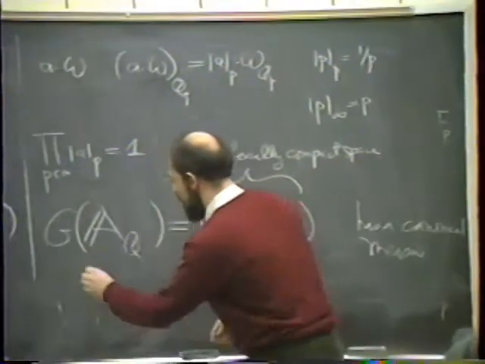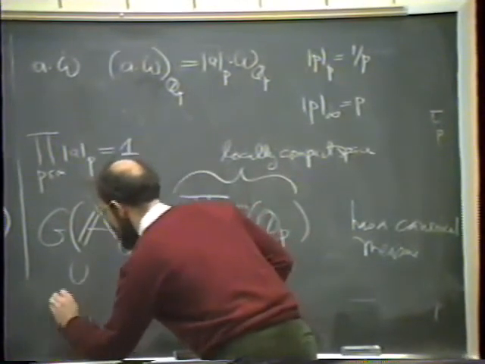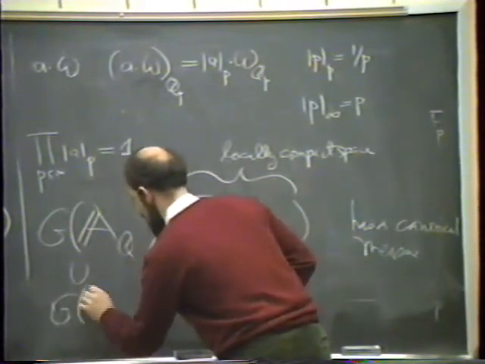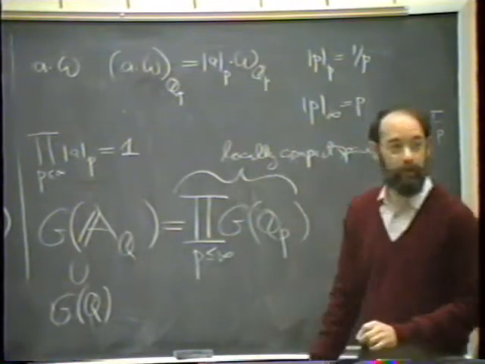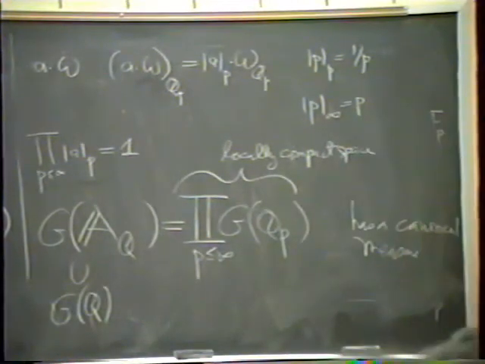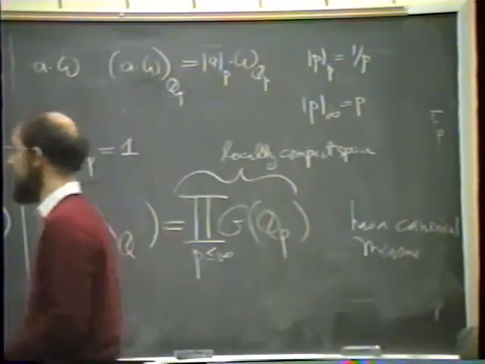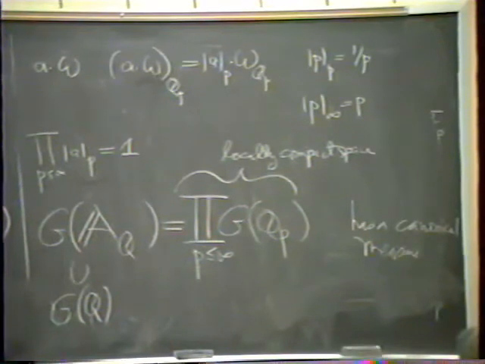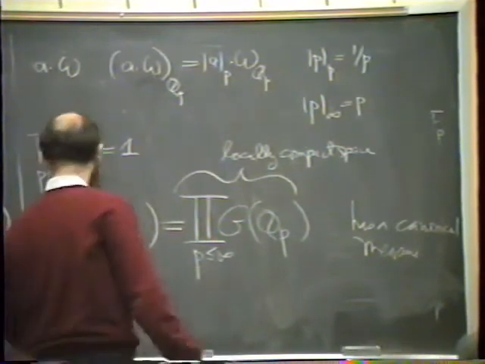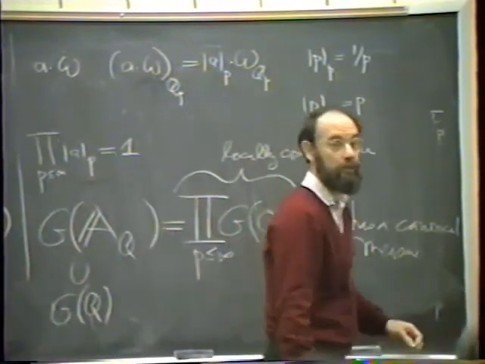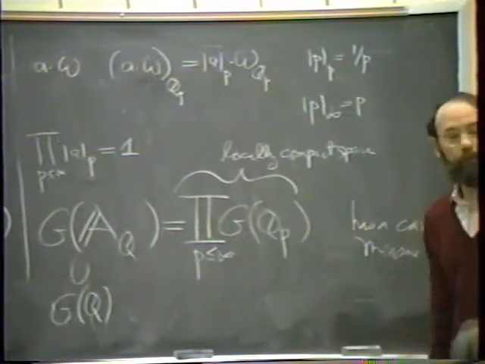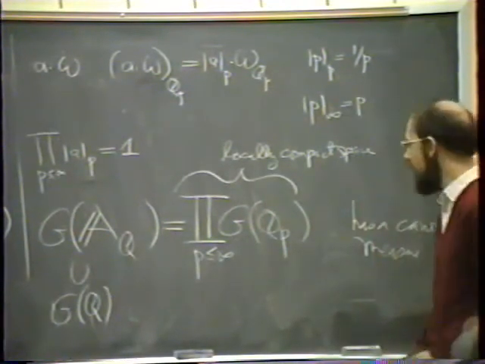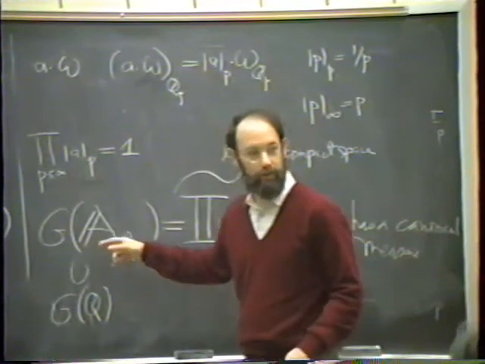Namely, this contains as a discrete subgroup G of Q, just the rational points. You see, we sort of didn't need the rational points. No, not in general. Might be, but in any case, cofinite measure.